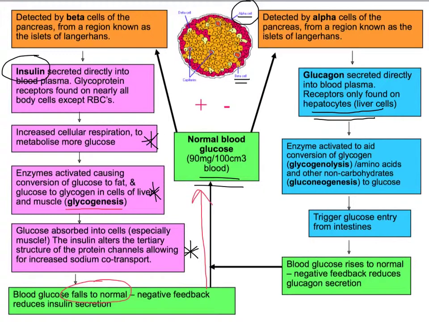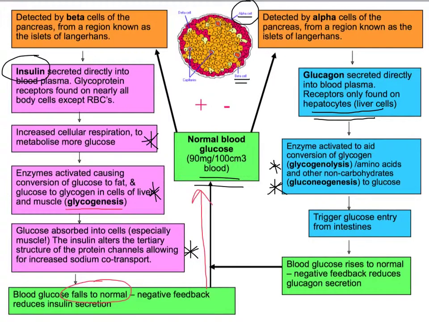Glucagon, secreted in blood plasma, activates the receptors, and what we get are enzymes being activated to convert glycogen into glucose, and that's called glycogenolysis, but also to get amino acids and other non-carbohydrates to convert those into glucose, and that's called gluconeogenesis.